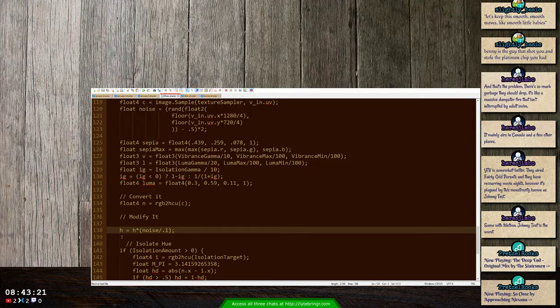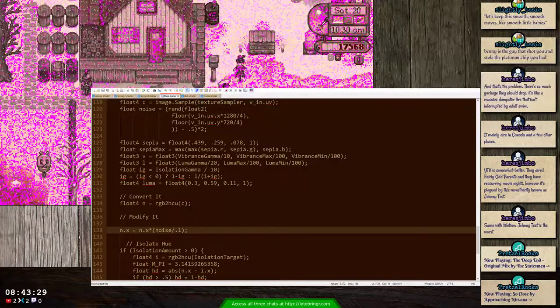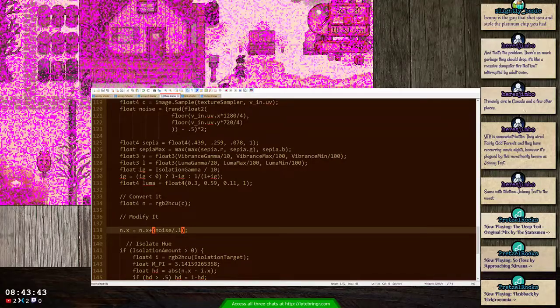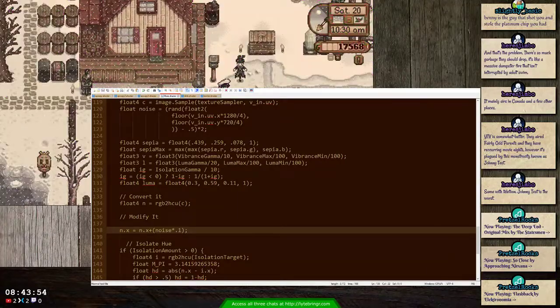We don't have an H. It's n.x. Well, that's really weird. We don't want to multiply, we want to add the noise. And we don't want to divide by 0.1, we want to multiply by 0.1. There we are. And now we have little bits of color noise.